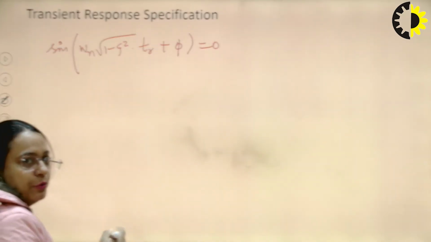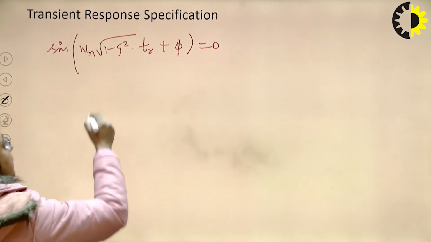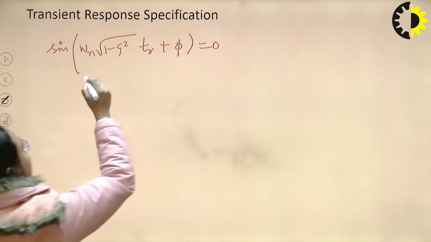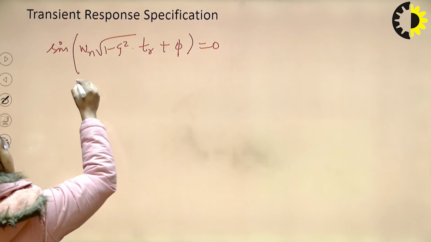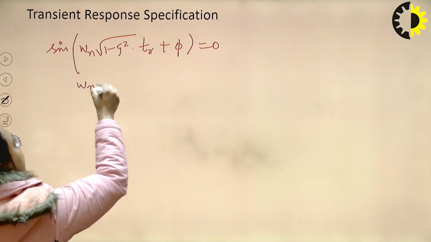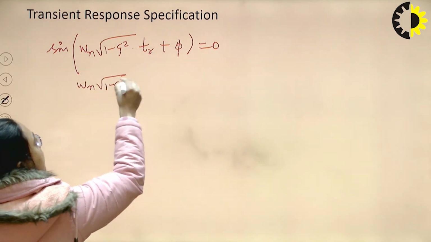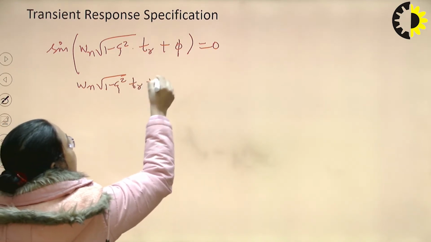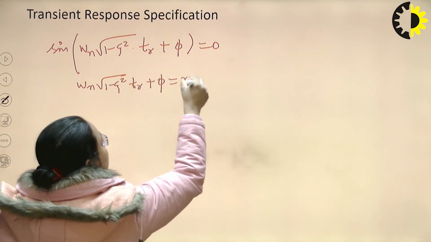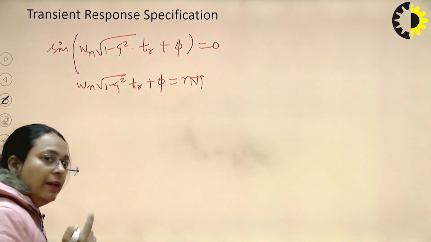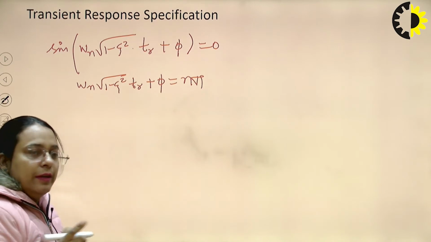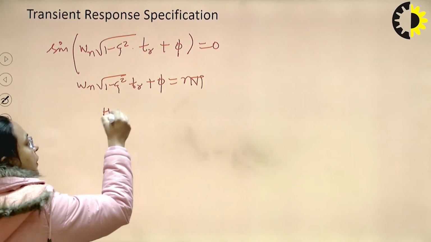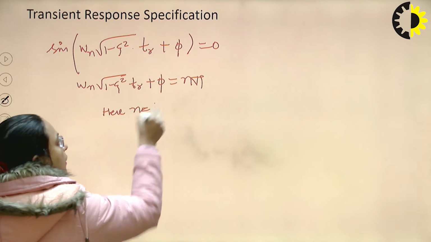The general solution for this equation will be nπ, right? So this can be written as ωn√(1-ζ²) TR + φ = nπ. And TR is obtained at the very first instant, so here n will be equal to 1, right?